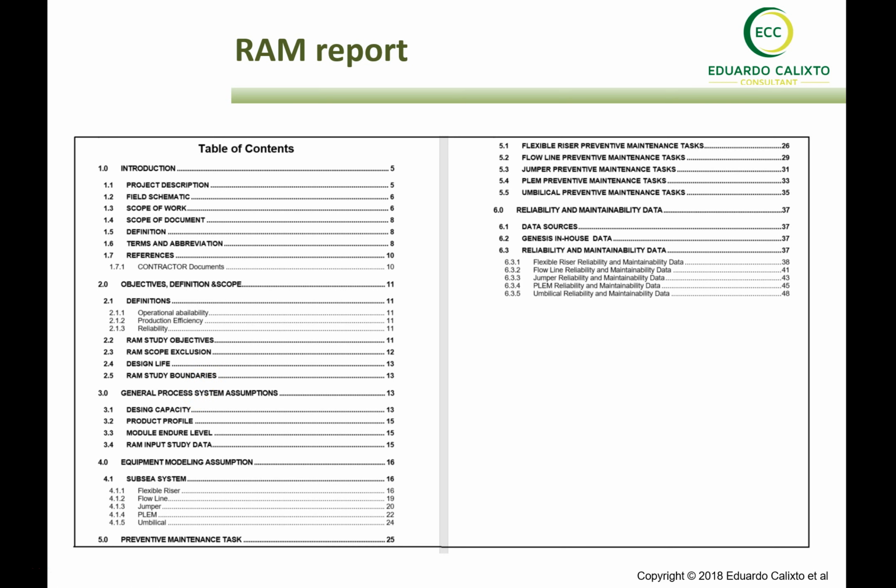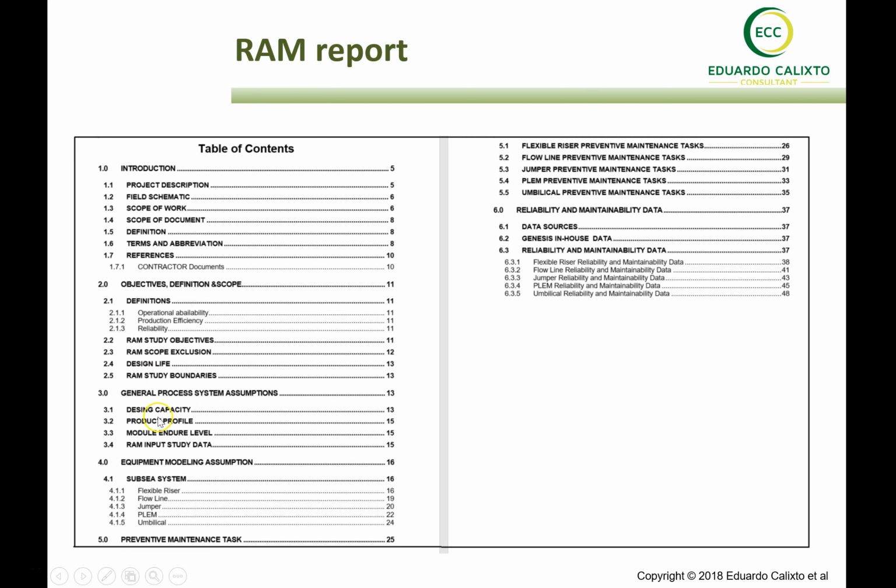If you are at the very beginning of the concept phase or design phase and do not have information, you are not able to carry out a RAM analysis at equipment component or failure mode level. But even so, you will have important information to carry out an equipment level or subsystem level analysis, and that needs to be defined here in the boundaries. Not only external boundaries but internal boundaries as well.